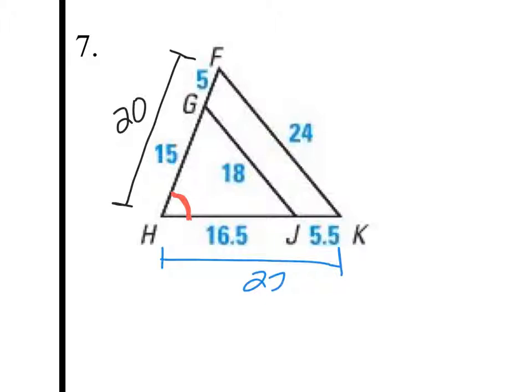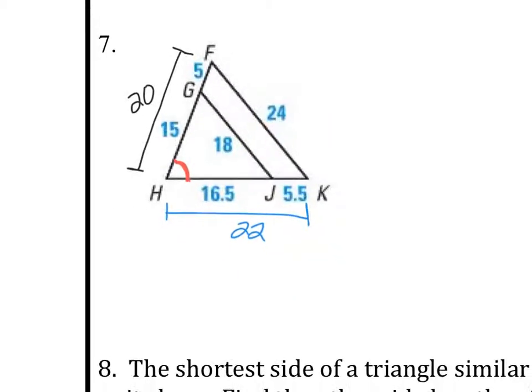22. Okay. If you want to check all of your proportions, you can do that. Or you can use the angle and just check 2 of them, the 2 surrounding it. I'm going to check all 3, and then we'll say you could use both. 16.5 corresponds to 22. This is this side, and then 22.